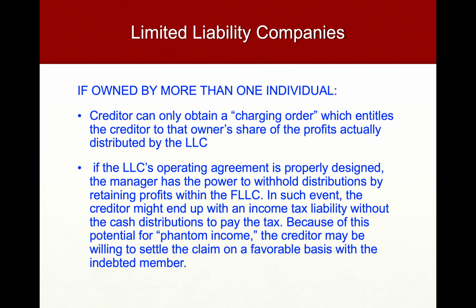Instead, what they basically get is a K1 form every year that says you owe money on the income that this LLC has earned. And for that reason, creditors a lot of times will not put charging orders on limited liability companies because they don't want to have to deal with the income tax ramifications of that.